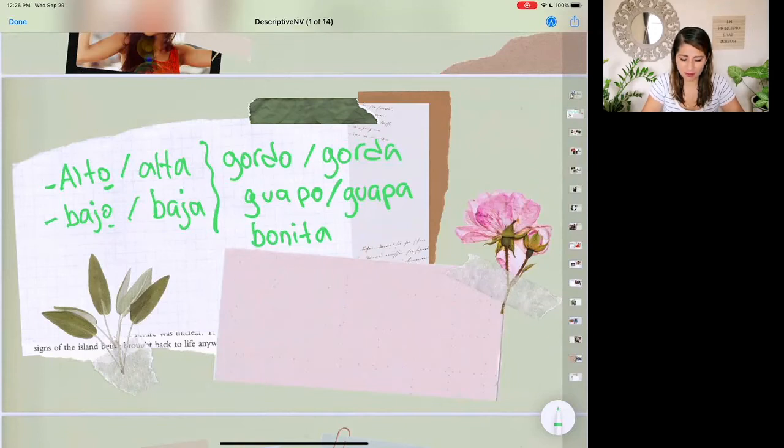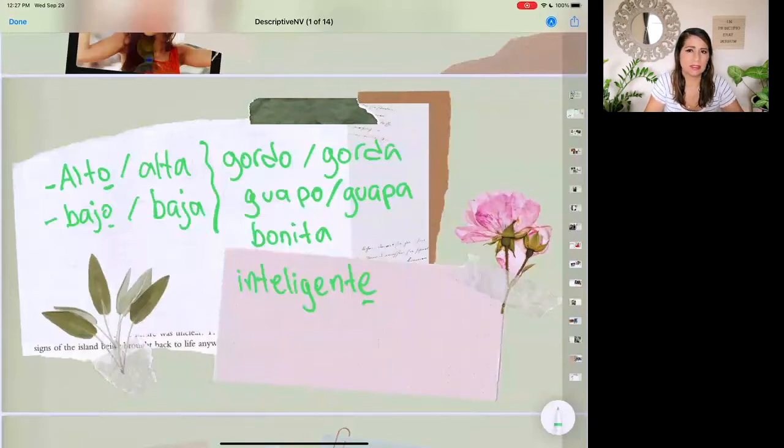Okay, if we're talking about personality, a trait, if somebody's intelligent or interesting or funny, the word for intelligent is inteligente. And this one doesn't have to change. You don't have to do anything to the ending, because usually when the endings are e, that's like a neutral ending. So it applies for both male and female.